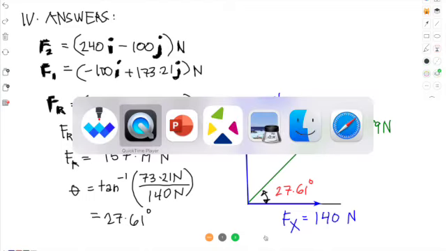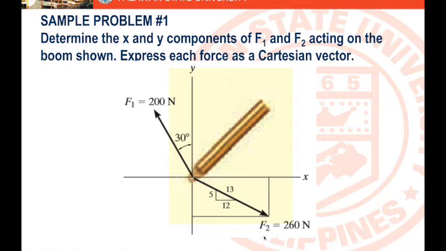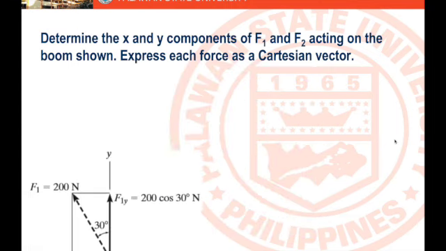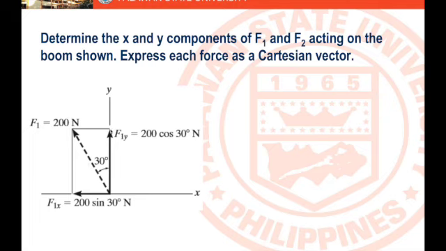So for this one, this is our final answer. This is the first one, 200 newtons. F1y is 200 cosine 30 degrees, and F1x is 200 sine 30 degrees.